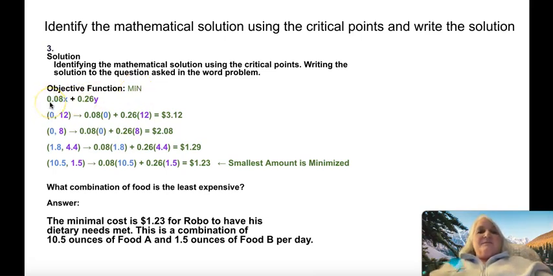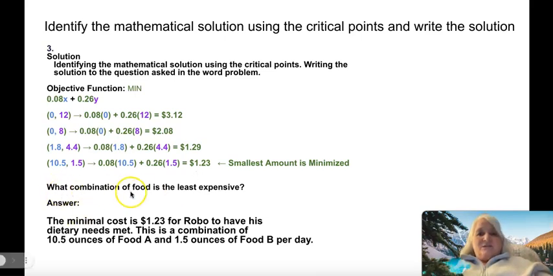So I'm looking for the smallest number that I get. So here's my objective function. I wrote it out for all of these, and I wrote down the critical points, and I substituted in the values for the points, the x's, and then the y's, and I computed it out, and my smallest amount is $1.23. So that would be the least expensive.